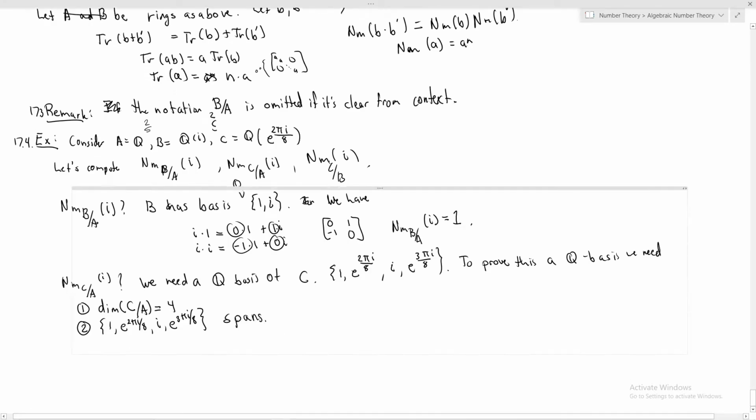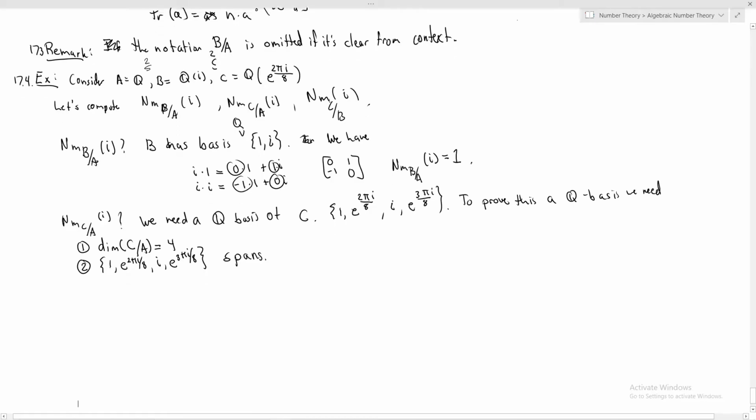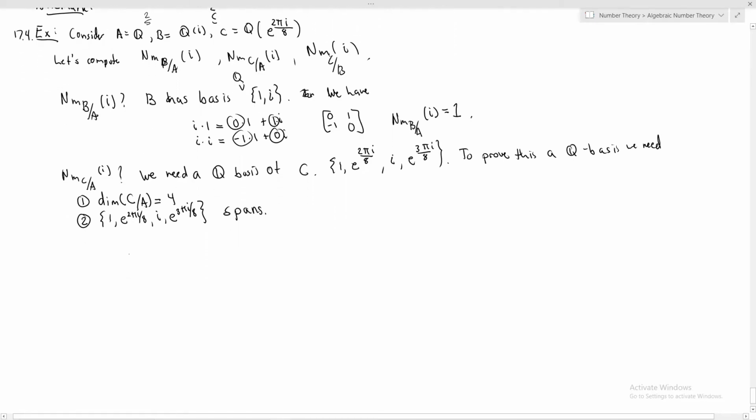Okay, so let's maybe actually go through and prove these, because I think this will be, at the very least, a really good exercise for me. Okay, so how do I prove this thing has dimension 4?